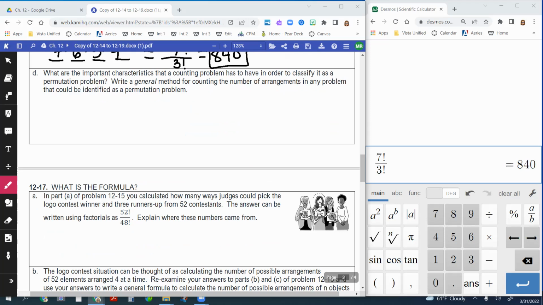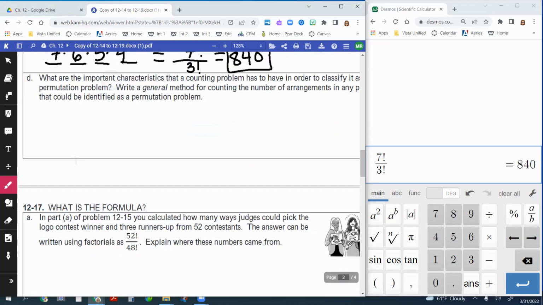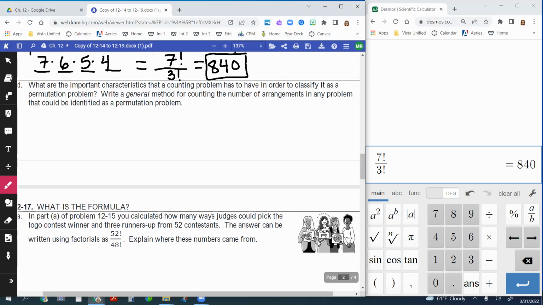Okay, so for a permutation, it must have order and no repetition.